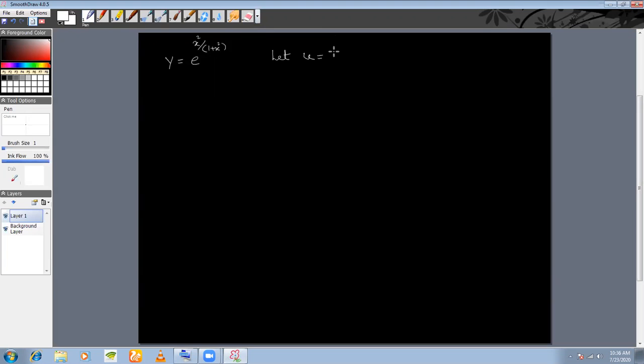Let u is equal to this. Therefore, what this becomes? y is equal to e to the power of u, and u is equal to x square by 1 plus x square, right?